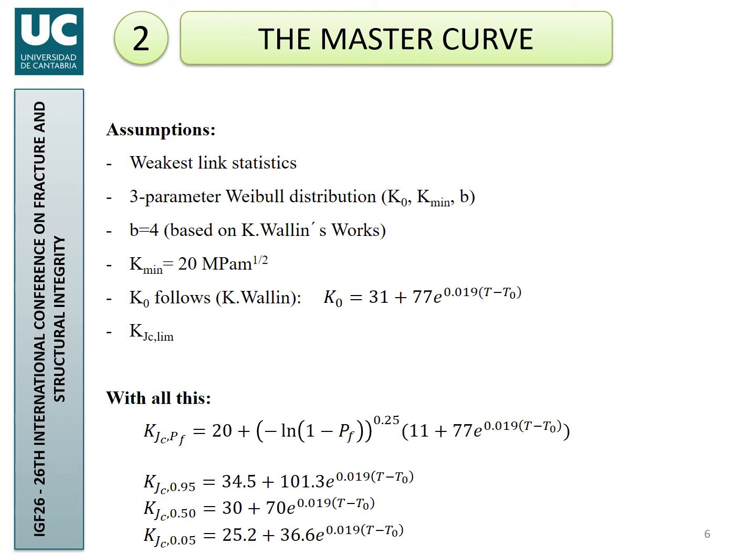K0, the scale parameter, follows this expression, and this is an experimental fitting equation. It was obtained by fitting a number of experimental results, and Wallin demonstrated that K0 depends on a material parameter known as the reference temperature, which is the temperature at which the median value of the fracture toughness is equal to 100 megapascals meter to the square root.